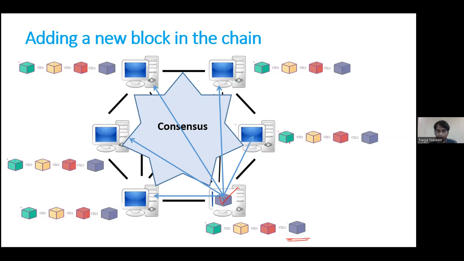Then the block gets verified and the same copy of that block will be stored everywhere across the nodes. Ultimately, when you look at the complete picture, the same copy of the blockchain has been stored everywhere across the network. This is how a new block will be added to the chain across the blockchain network.